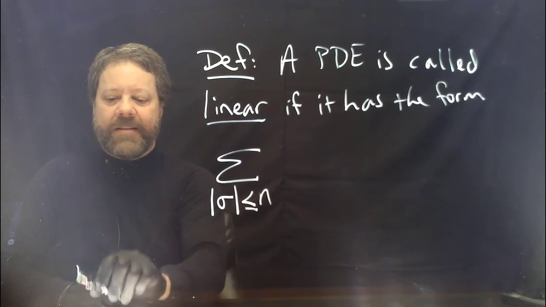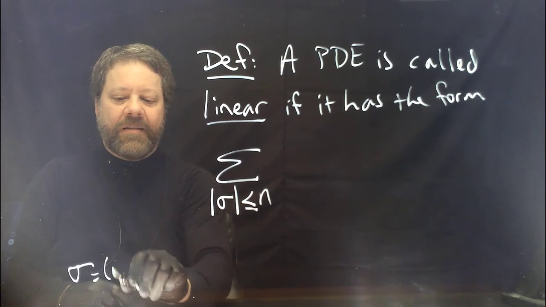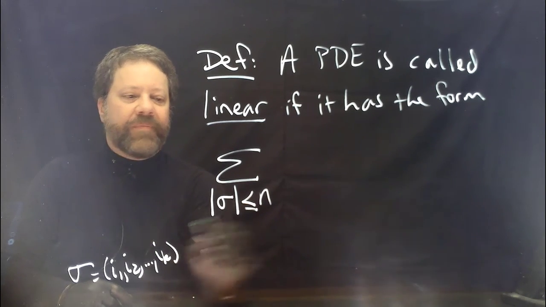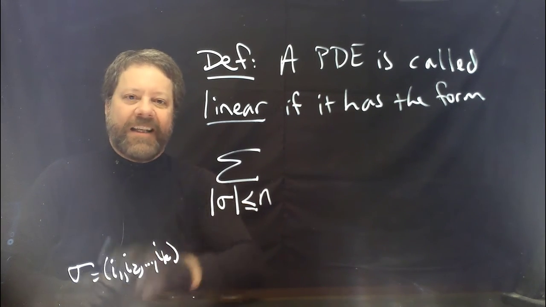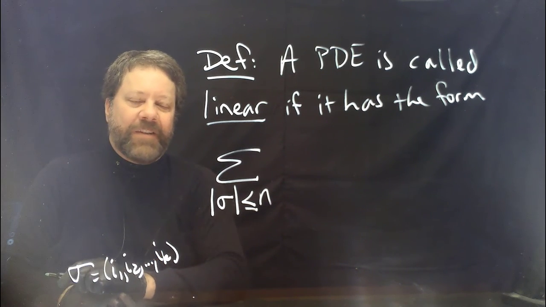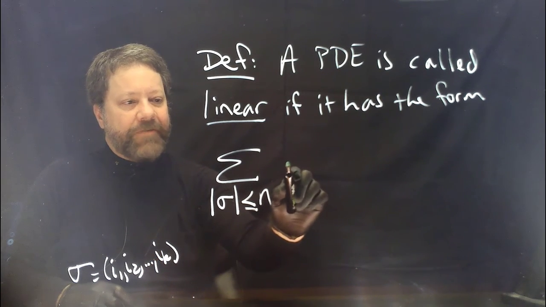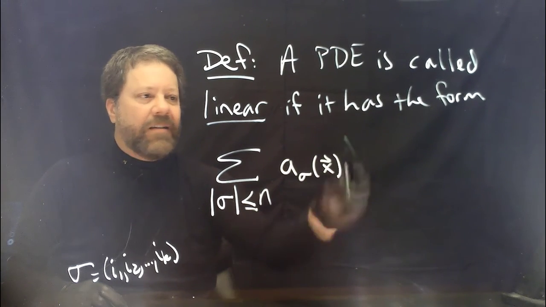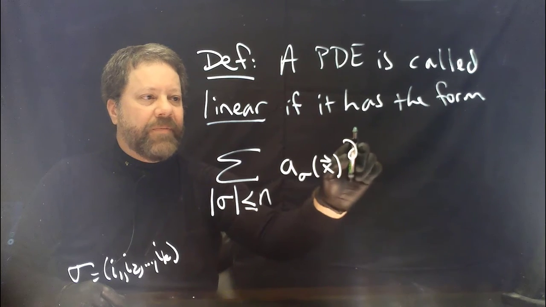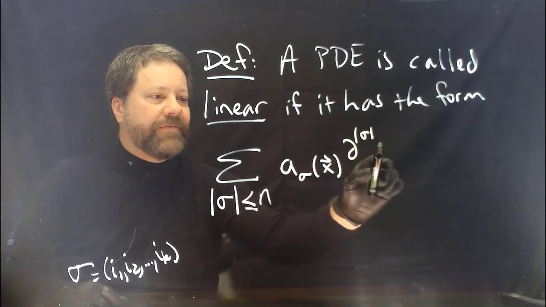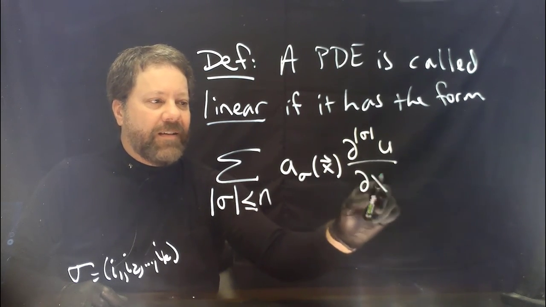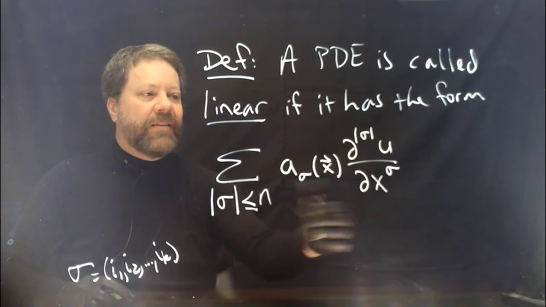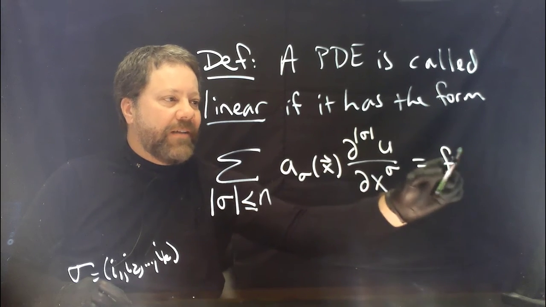This multi-index will look something like this: i_1, i_2 through i_k. And the sum of the i_k's will be the order of the multi-index. We can have functions and then partial derivatives. We're allowing there to be multiple partial derivatives here, equaling some function like this.